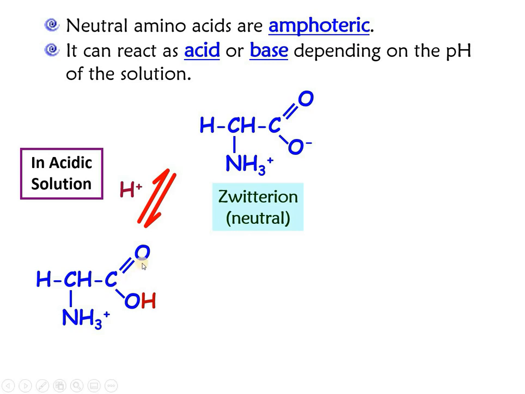Now it becomes COOH. Right? So now the negative charge disappears and it will give you the positive charge. So now this zwitterion is in the form of a cation, which is in acid form and has low pH.